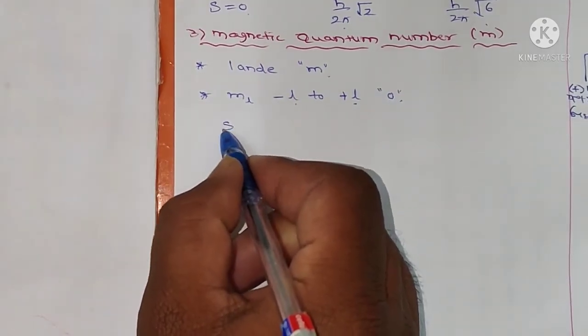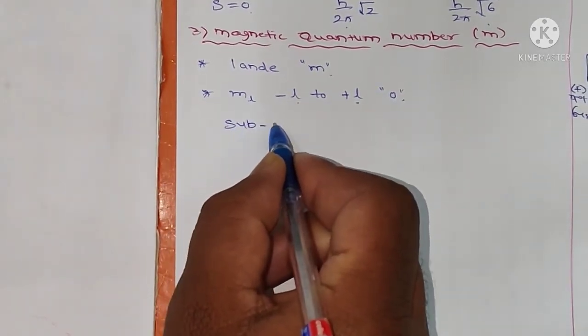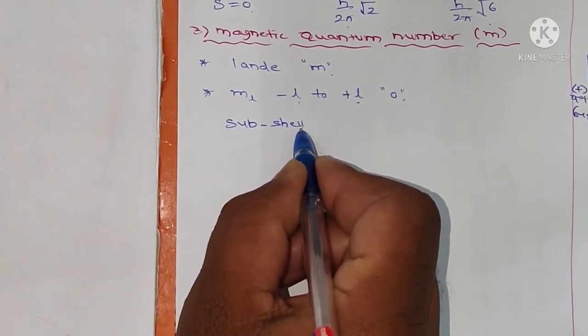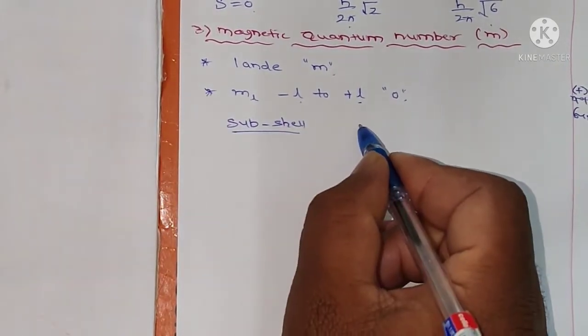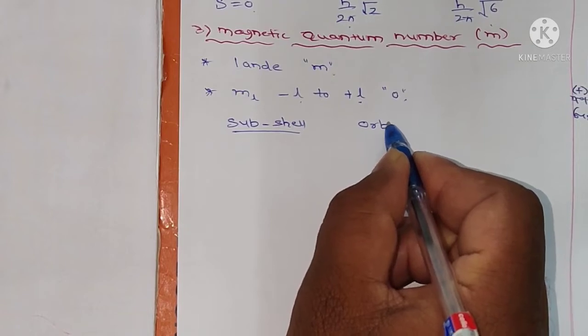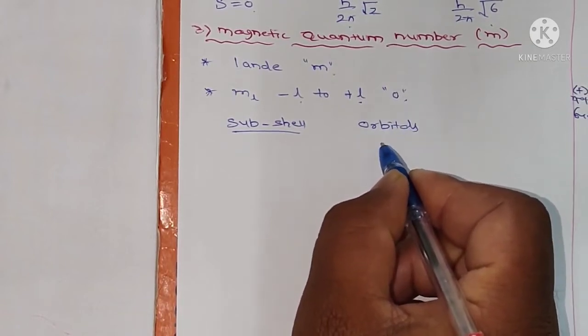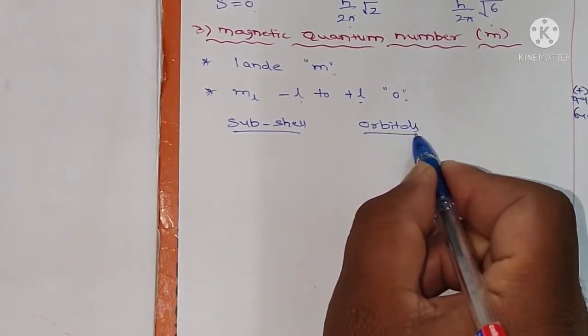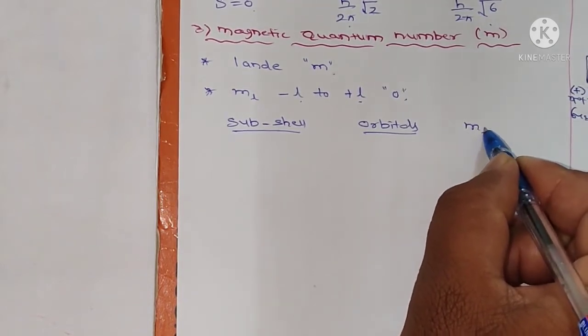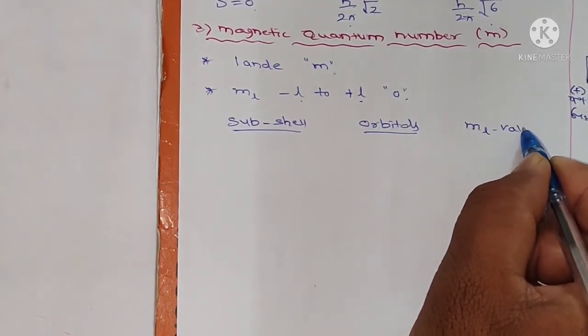I am taking here subshell, here orbitals, and here ml values.